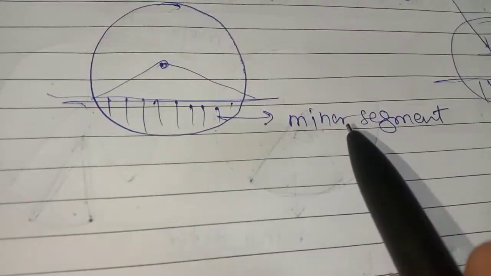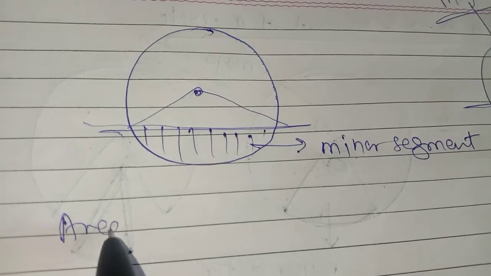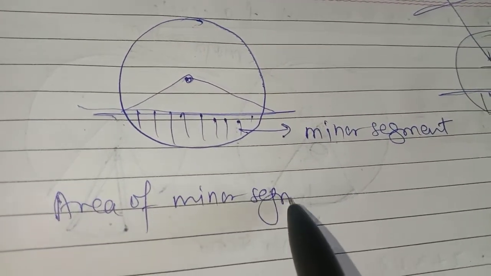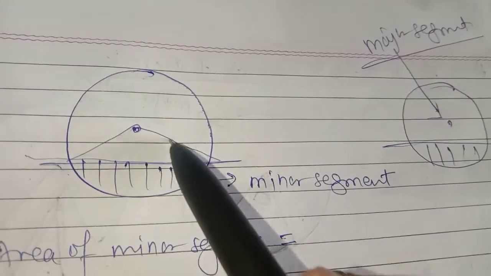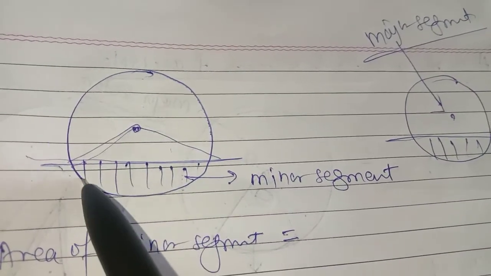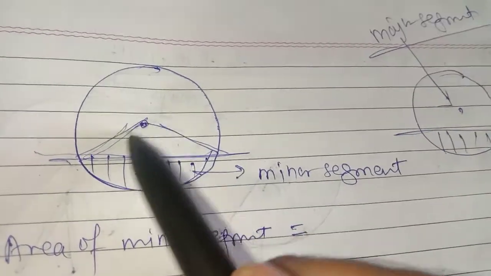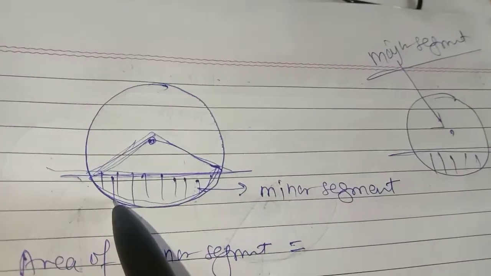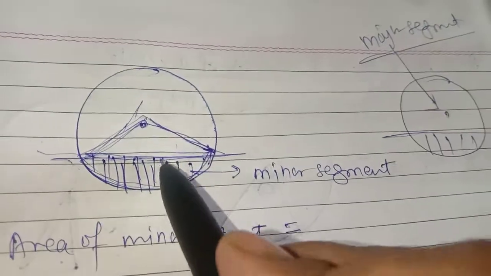So how to find the area of the minor segment? We'll write here: area of minor segment is equal to, from where have we taken it? We take it from the sector and the triangle. Clear? You can see a sector here and a triangle here. Whatever portion remains from the total sector after removing the triangle is called the segment.